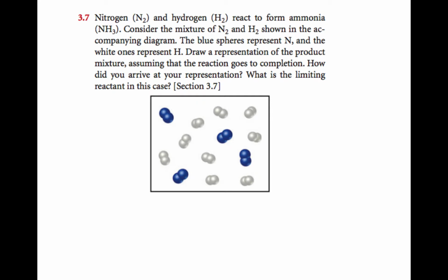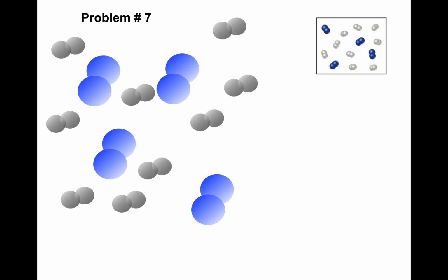Okay, so with this in mind, I kind of blew this out so I can put things together. Here's nitrogen reacting with hydrogen. All right, so if I'm doing the balanced equation, N2 molecules reacting with H2 molecules make ammonia, the formula for ammonia is NH3.